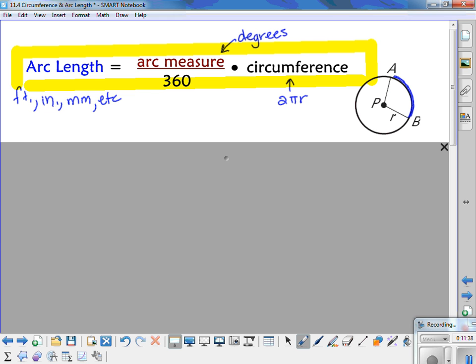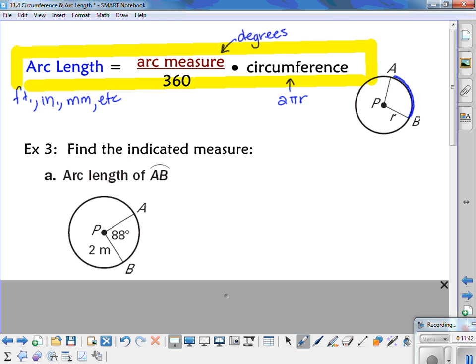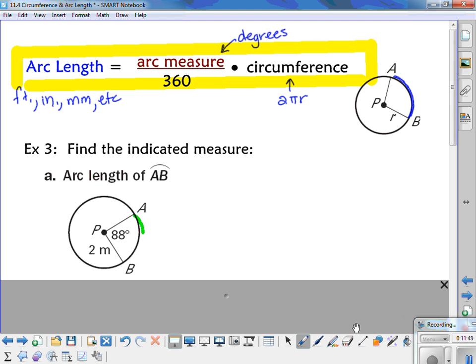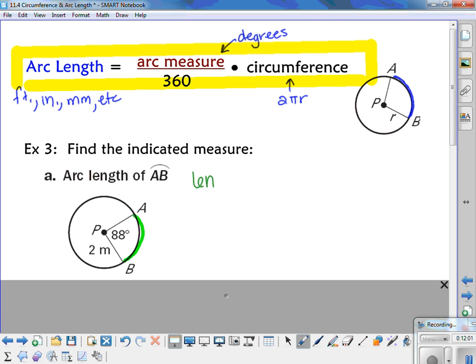So let's take a look at an example. All right, we're going to find the arc length of AB. So that means I'm finding how long it is from A to B as we go along the edge of the circle. So the length of AB, well, how much of the circle am I talking about?